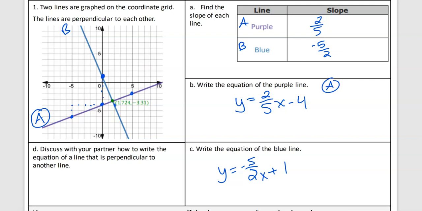All right, so how can we write the equation of a line that is perpendicular to another line? What did we just say about our slopes? Slopes have to be opposite reciprocals.